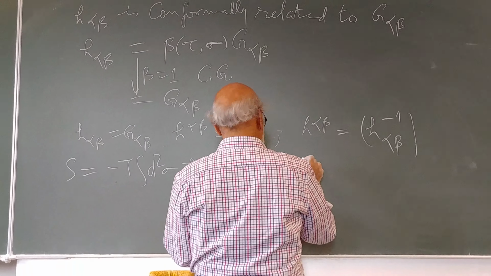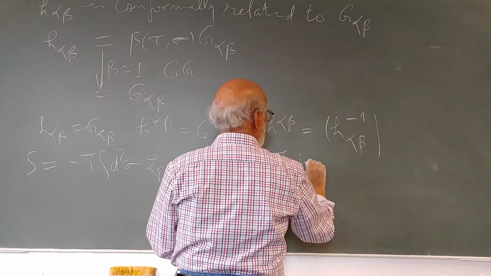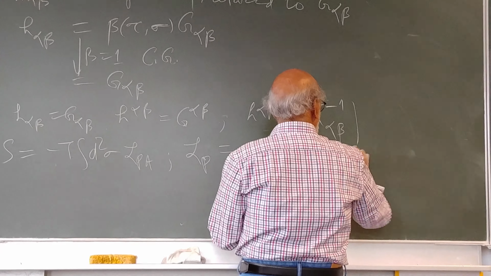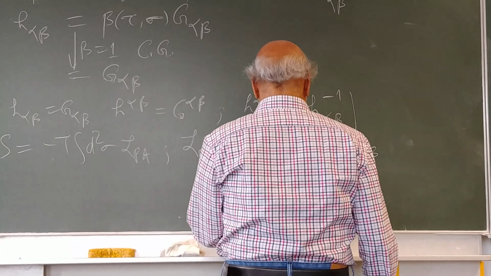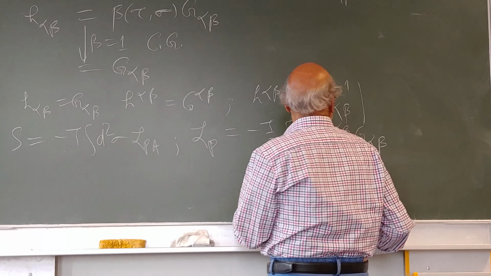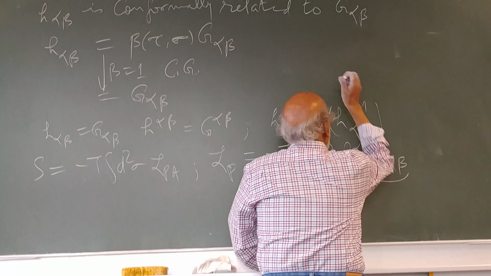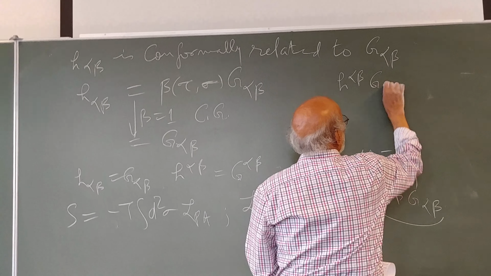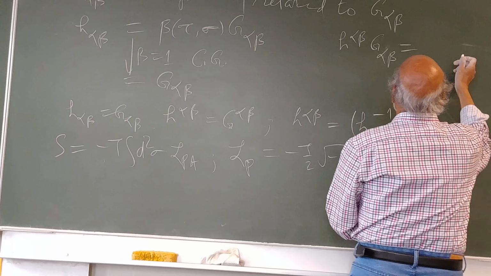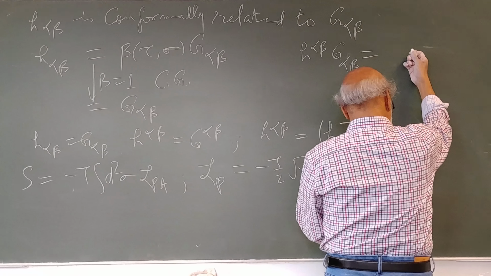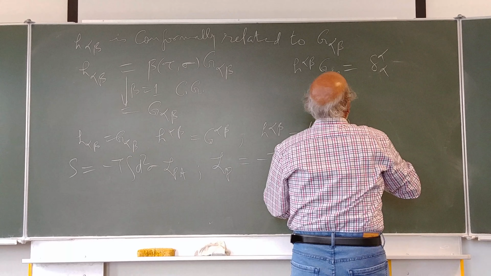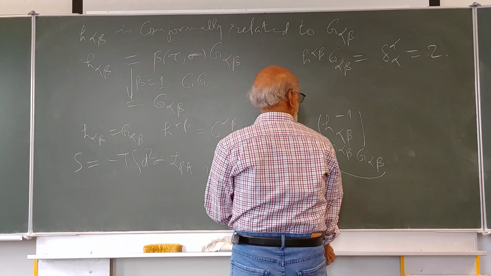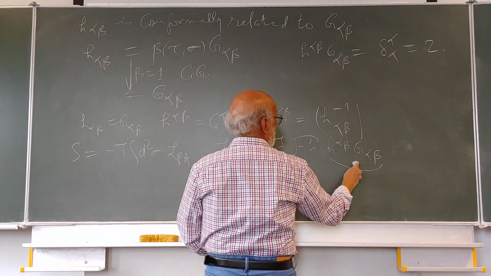Polyakov again, this is minus T by 2 square root of minus g times H alpha beta, G alpha beta, and if this is H alpha beta, this is delta alpha alpha, and this is equal to 2. So this is then equal to 2.